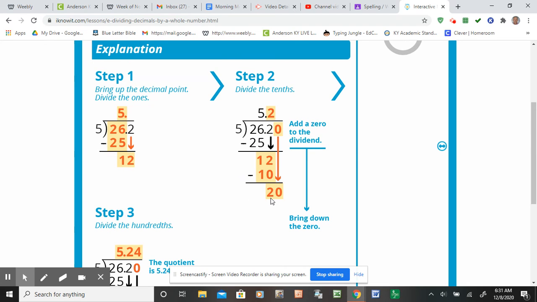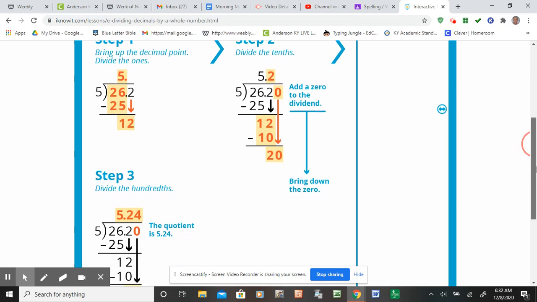If you have a remainder after you finish, you have to add a 0 to the dividend and then bring it down. So we add a 0 that's not in our original number. Remember, our original number is 26 and 2/10. We're going to make this 26 and 20 hundredths. Add a 0 here so that we can bring something down to get rid of the 2. We make it 20. Now how many 5s go into 20?